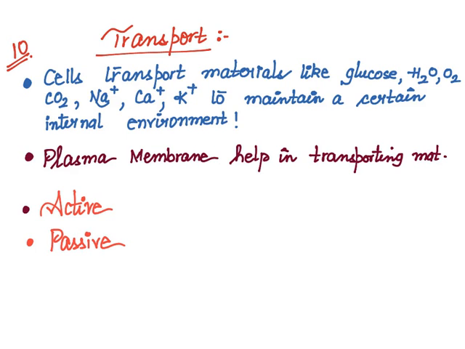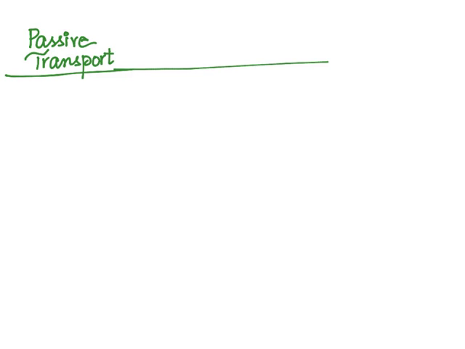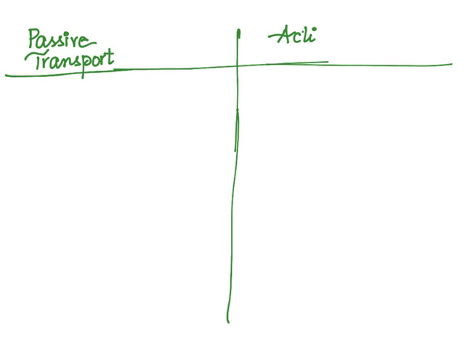So on the next page, we are going to take a look at the difference between active and passive transport. So we'll make a T-chart here, passive transport, and let's draw a line. And this side is going to be active transport.